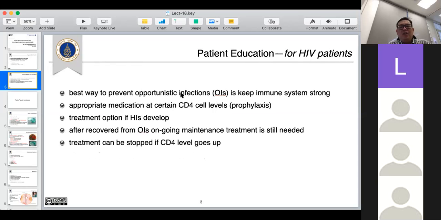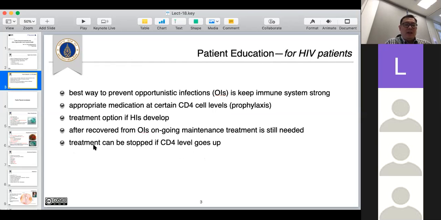For patients who get infected with HIV, we learn a lot from this group of patients. We never knew there were so many OIs. We thought that lots of OIs had been gone from the human population for a while.